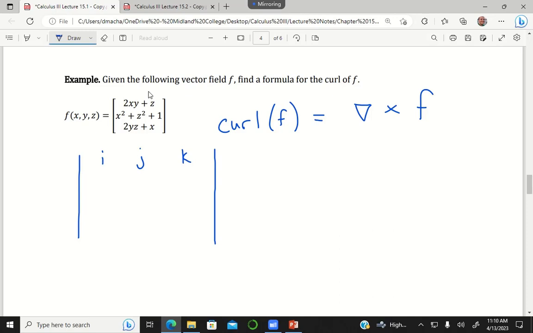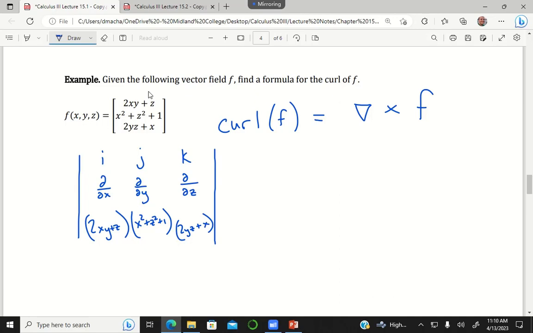And the second row of this kind of matrix thing is going to be the partial with respect to x, the partial with respect to y, and the partial with respect to z. And then the last row of this sort of Frankenstein matrix thing is going to be 2xy plus z, x squared plus z squared plus 1, and then lastly 2yz plus x.